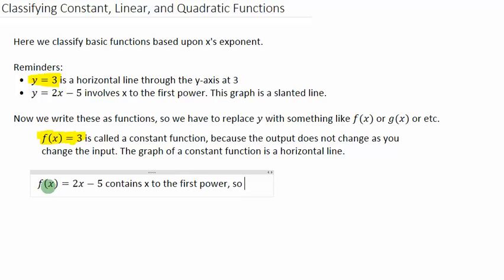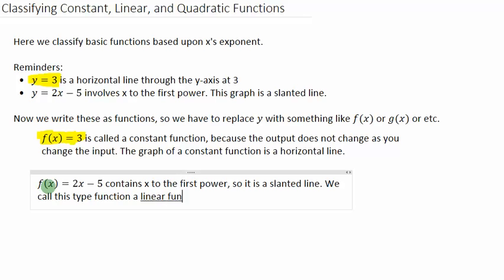So it is a slanted line. We call this type of function a linear function. Linear because it's a line.